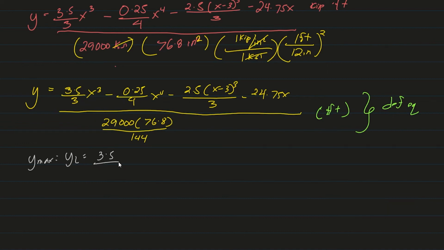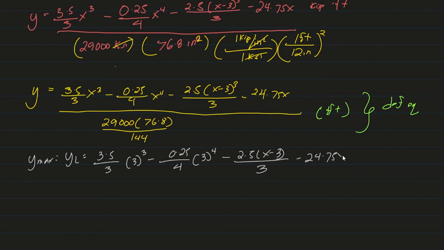So, 3.5 over 3 times 3 cube minus 0.25 over 4 times 3 raised to the 4th power minus 2.5 times x minus 3 over 3 minus 24.75x raised to the 3rd power.